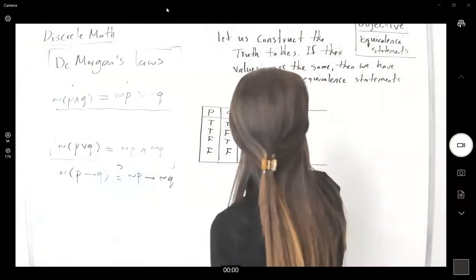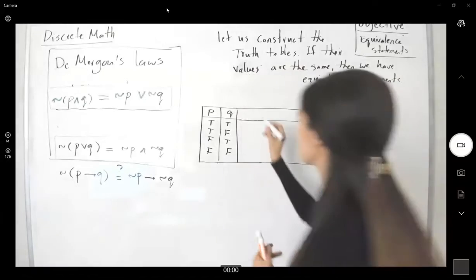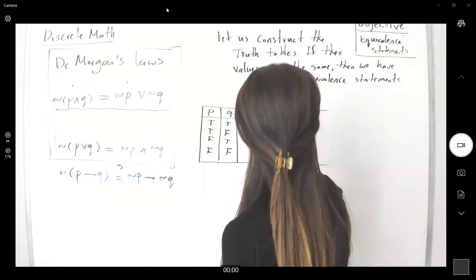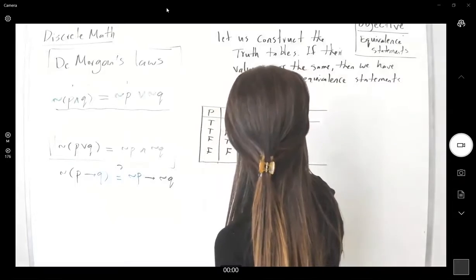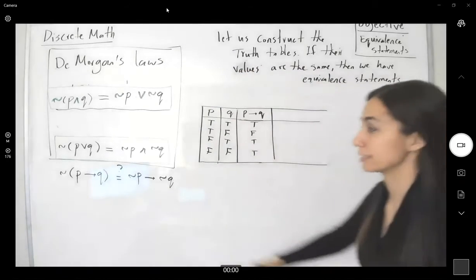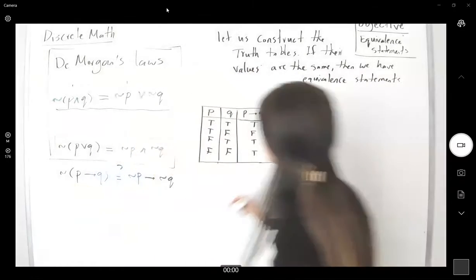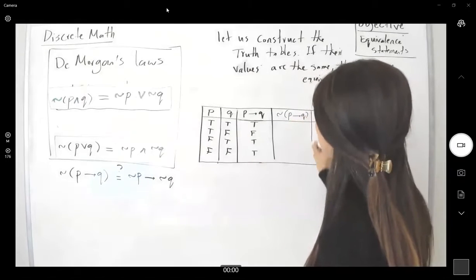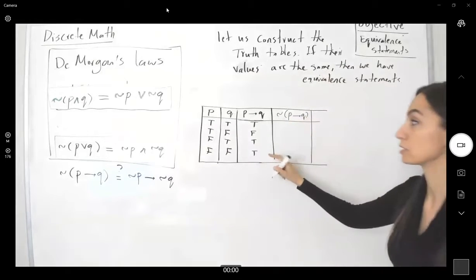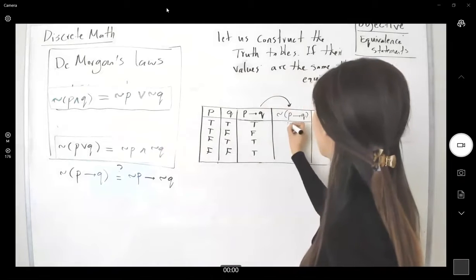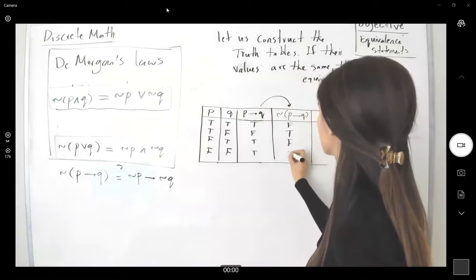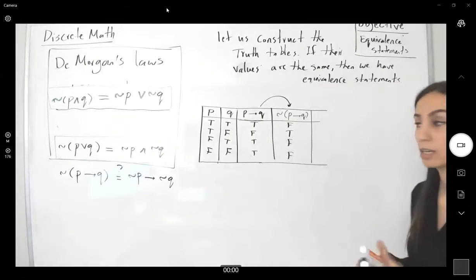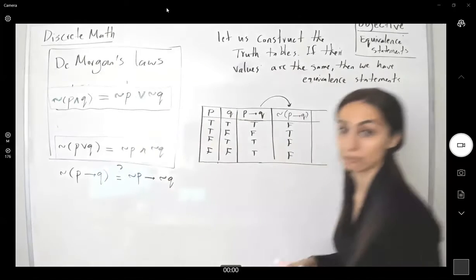Then we have our implication, our favorite connector, P, then Q: true, false, true, true. And then it says you have the negation of implication. So we're going to construct the negation of P then Q, which is just negating this column: false, true, false, and false. So this is our focus on the left-hand side compound statement.